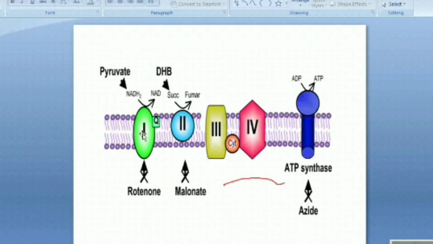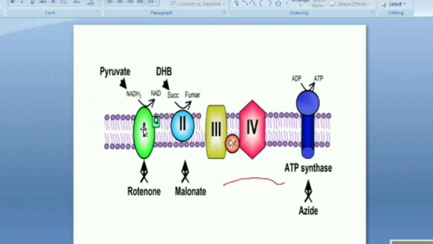This is complex 1, this is coenzyme Q. Though the picture shows it small, its importance is more. And this is complex 2, this is complex 3, this is cytochrome C, this is complex 4.